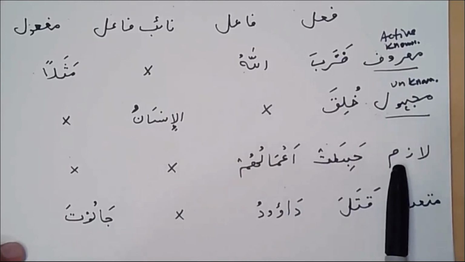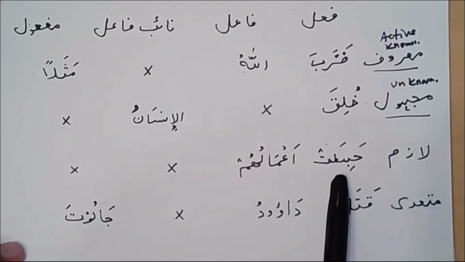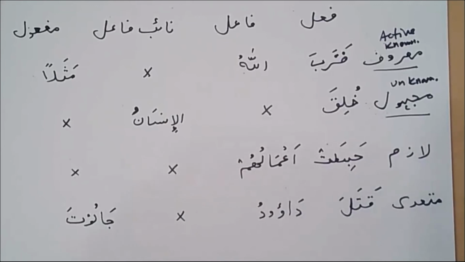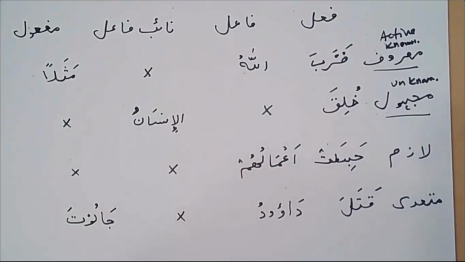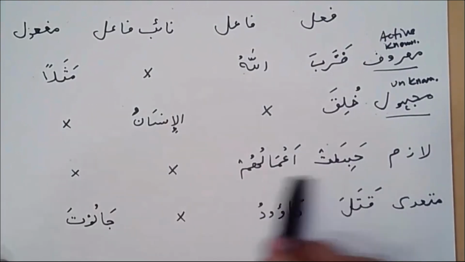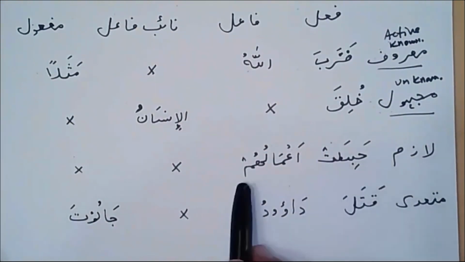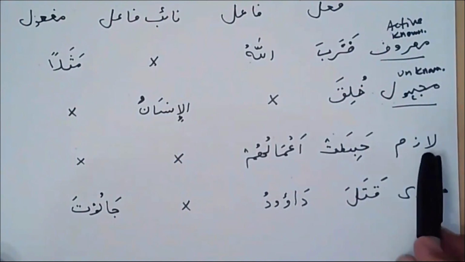Fail lazim. Why is it fail lazim? Because we have the fail and the file. We don't have the maf'ul. Habitat amaluhum means their deeds were wasted. Their deeds were gone. So we don't need to know who the maf'ul is here, right? Because in this case, maf'ul is not needed to understand the meaning of the sentence. So this is the example of fail lazim.